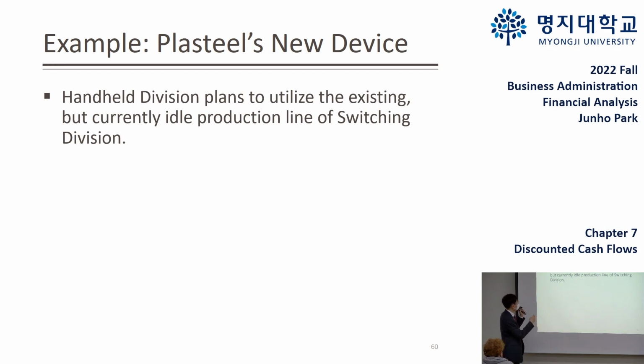So we will be able to use their facilities for free for a while. However, the switching division had come to Dina Sanders and said, hey, we have another plan to use those facilities, so give me those facilities back. And that will be the problem.